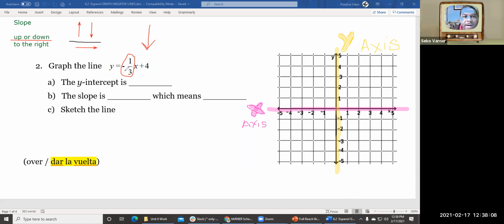Okay, so all right, and our y-intercept is right here. So if you remember, y equals mx plus b, right? Do you remember seeing that? Have I shown you that?